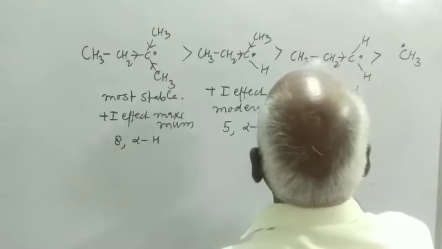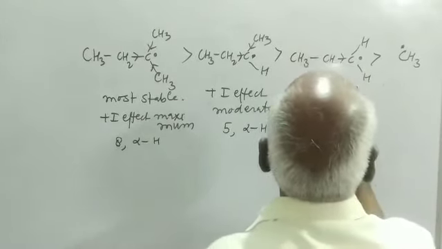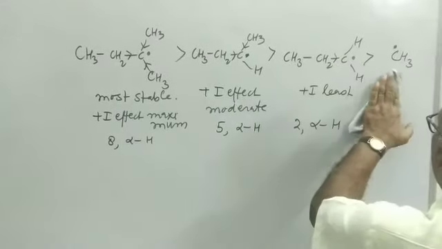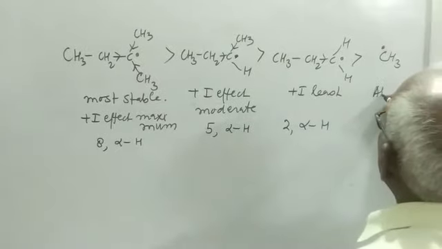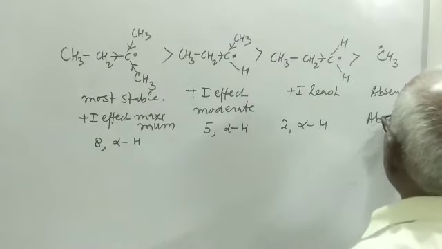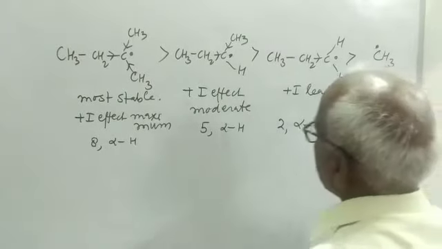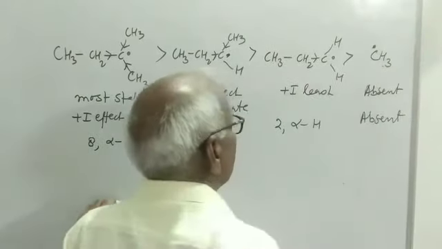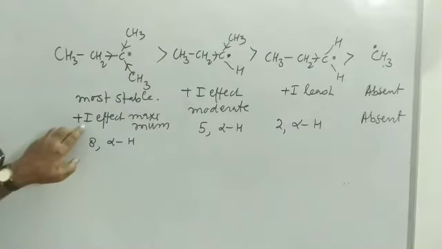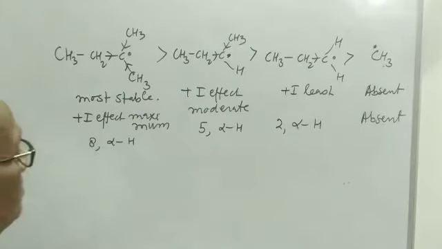Number of alpha hydrogen 2 alpha H, plus I effect absent, and hyperconjugation absent, plus I effect absent, hyperconjugation is absent, so it is least stable. So this is the order of stability which I explained on the basis of plus I effect and the hyperconjugation.